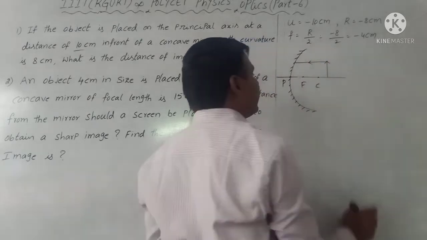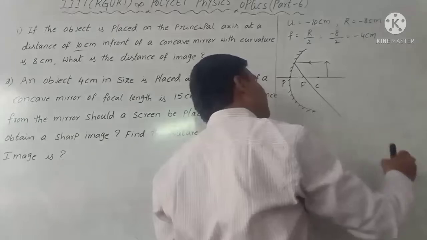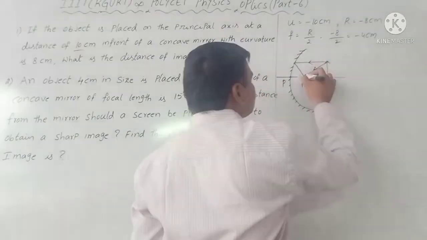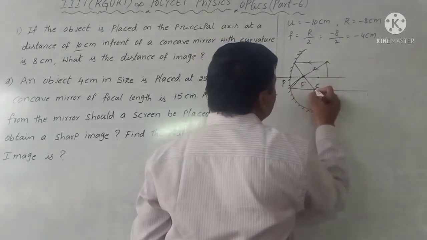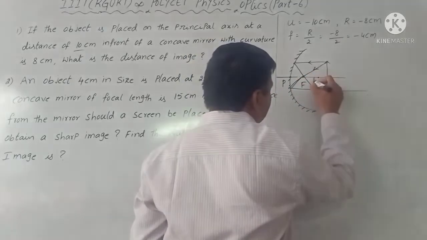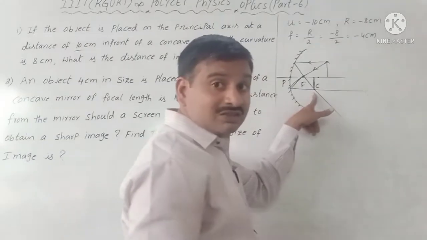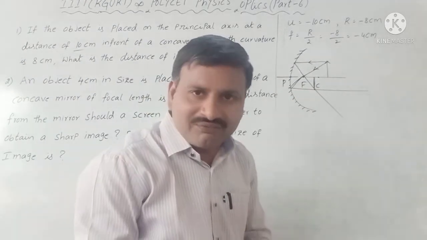A ray passing parallel to the principal axis, after reflection passes through the focus. After that, a ray passing through the focus, after reflection, passes parallel to the principal axis. Where the two light rays intersect, the image is formed. So the image is formed between F and C.